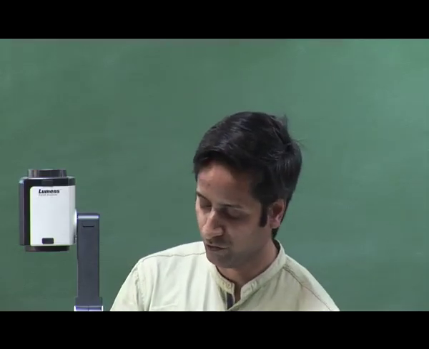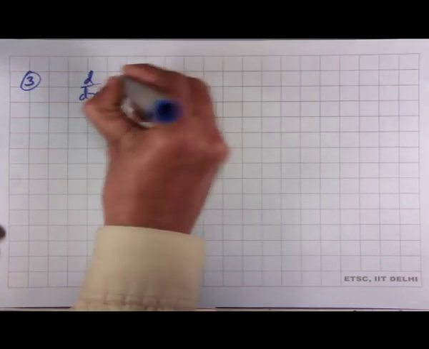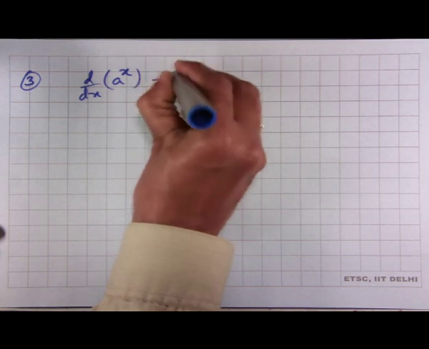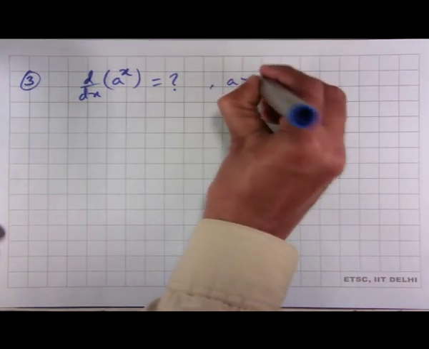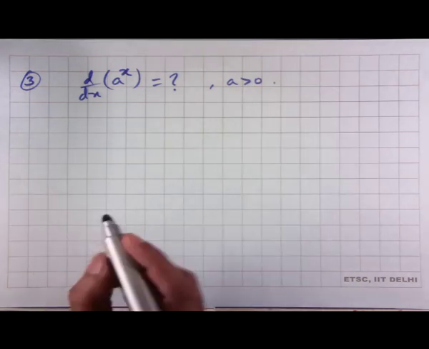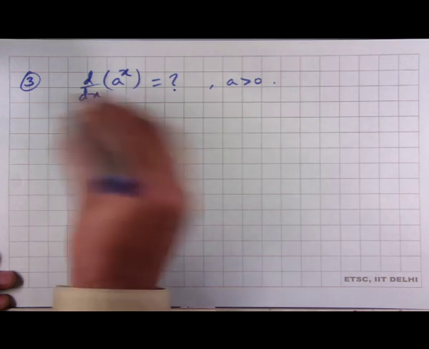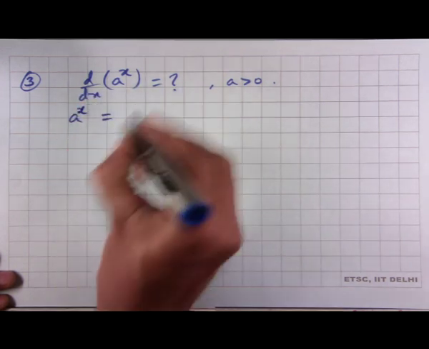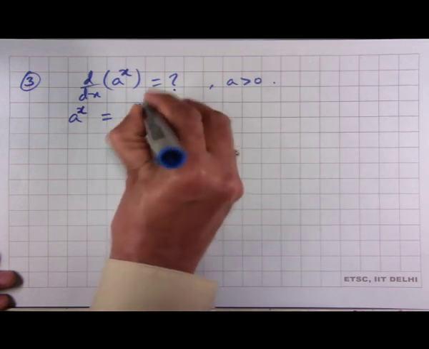Let us also calculate the derivative of a to the x, where a is any positive real number. Let us see, a to the x we know is defined as the exponential e to the power of x ln a.